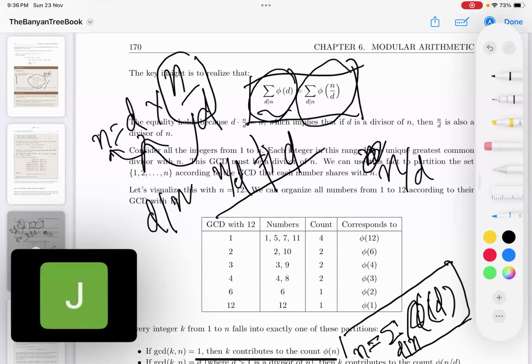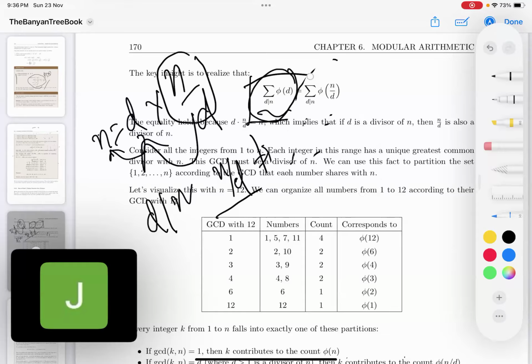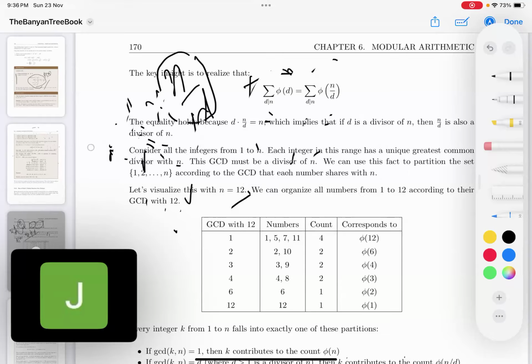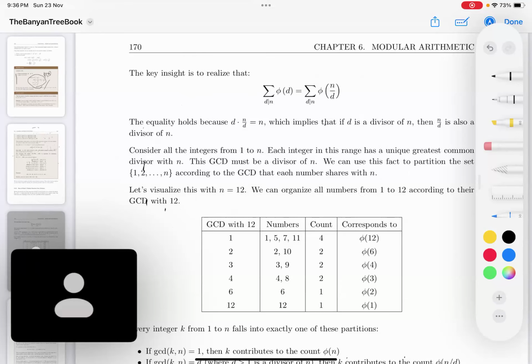Okay. So this is the whole idea. Clear? So this part is clear?